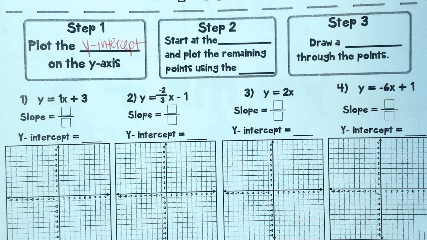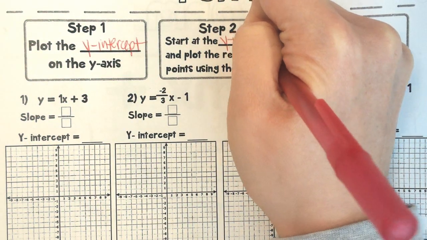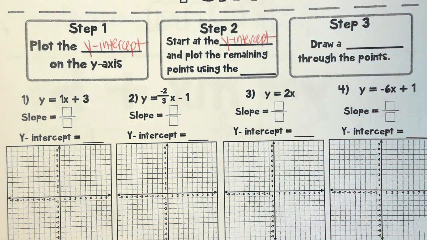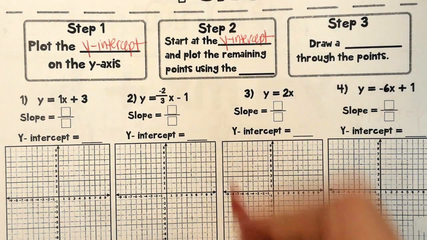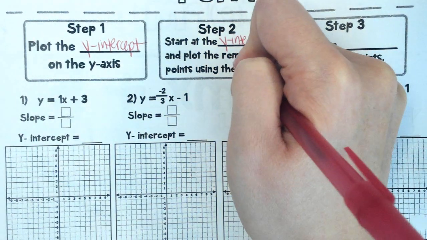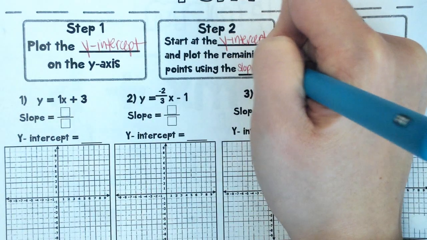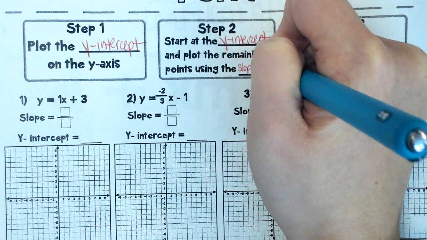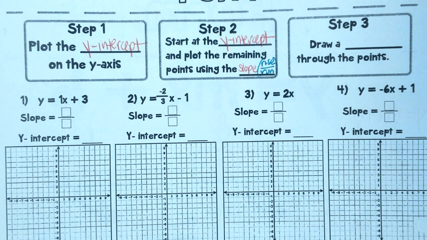Then the next thing is you're going to start at that y-intercept, and you're going to plot the remaining points using the slope. Remember, we're going to talk about slope as rise over run.